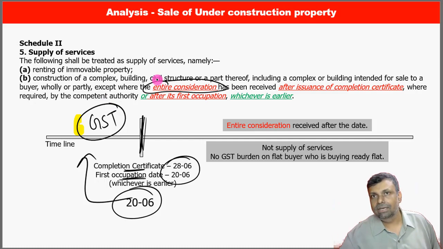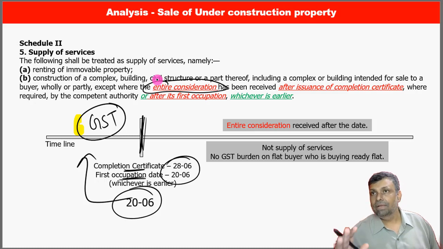So either the entire consideration is before or the entire consideration is afterwards. If part of the consideration is made before, listen very carefully, it will be regarded as an under construction property transaction only.